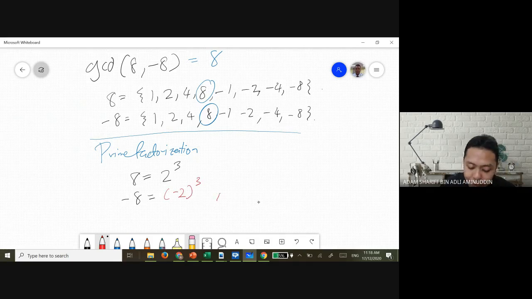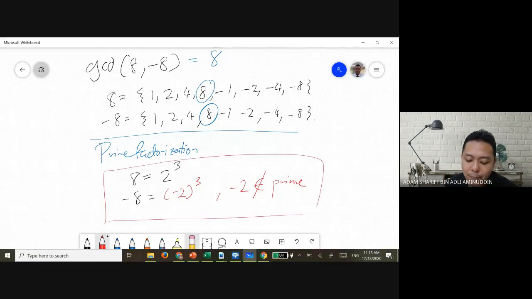But negative 2 is considered not prime, based on the definition of prime, it must be larger than 1. What I want to say is that I don't think it's possible for us to use to force prime factorization idea into presence of negative integer.